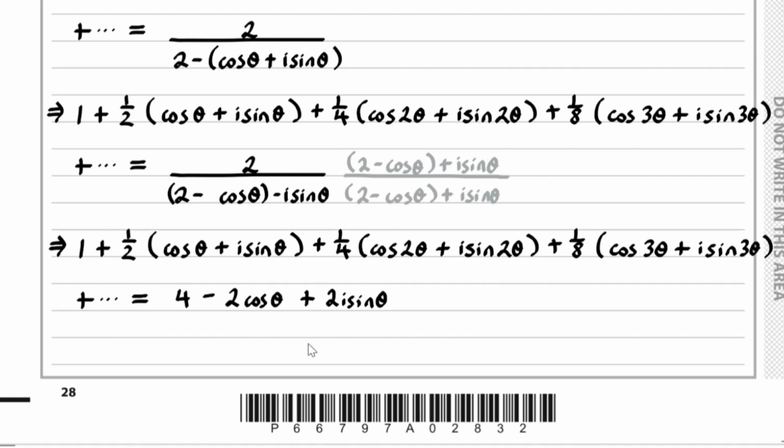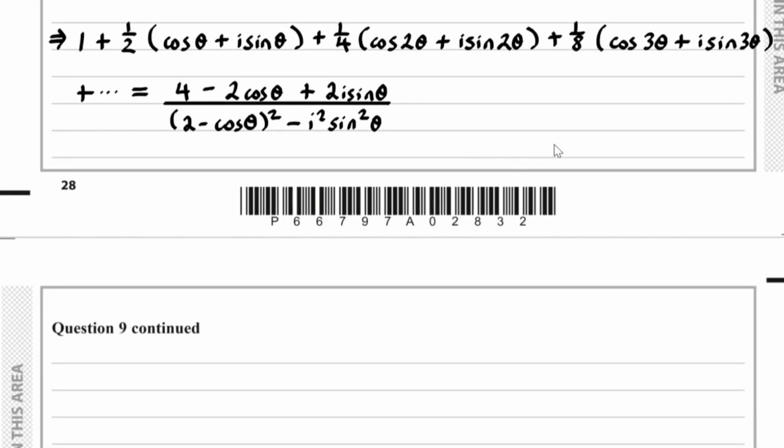And then on the bottom, we have a difference of 2 squares, (2 minus cos theta) squared, minus, well here we've got i sin theta times i sin theta, so that's minus i squared sin squared theta.